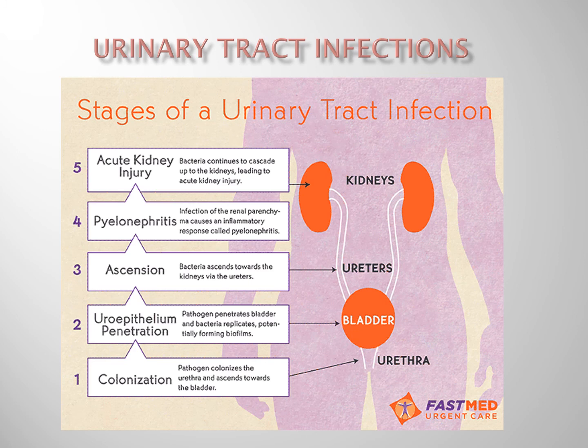There's a lower tract UTI, which is a bladder infection, which is cystitis, and an upper tract urinary tract infection, which is pyelonephritis, infection of the kidneys, and it's typically a bacterial infection of the kidneys.